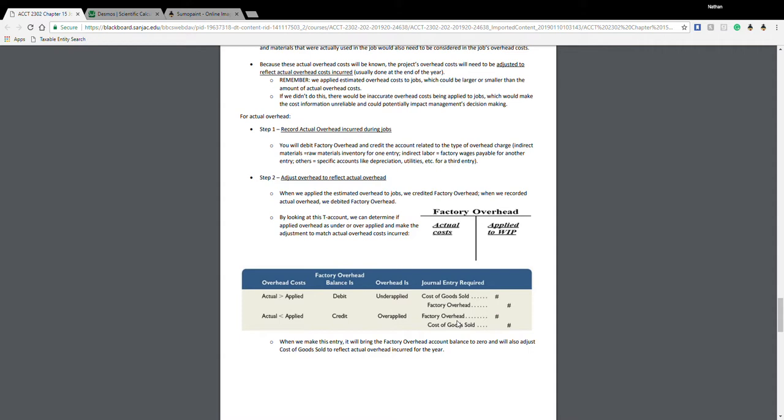So in reality, we are adjusting factory overhead and at the same time adjusting cost of goods sold to the proper amount of expenses related to producing that product. Again, we keep this basically for the end of the year. Makes life a little bit easier.